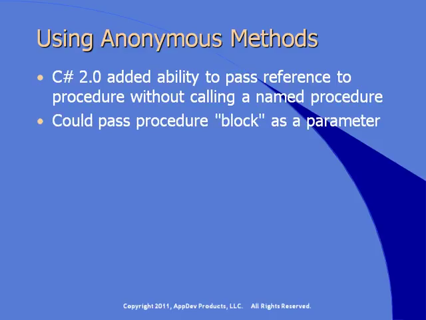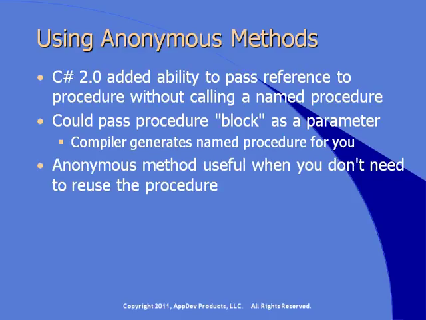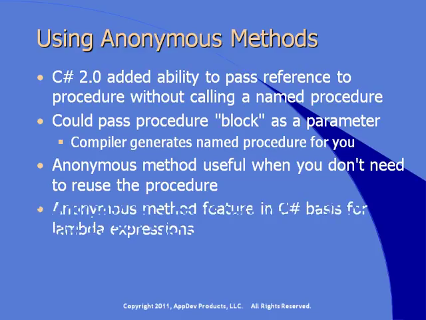You could pass a procedure block as a parameter, and the compiler generates a named procedure for you and calls it. An anonymous method is useful when you don't need to reuse the procedure. It's a one-off kind of thing. This anonymous method feature in C# is the basis for Lambda expressions, which we'll look at next.